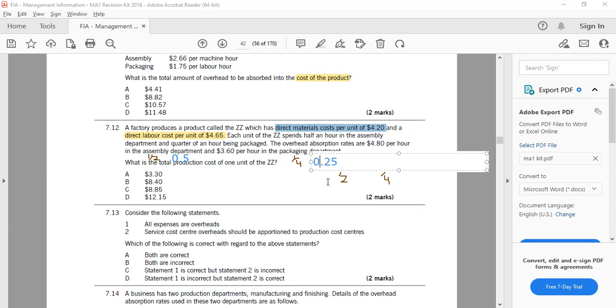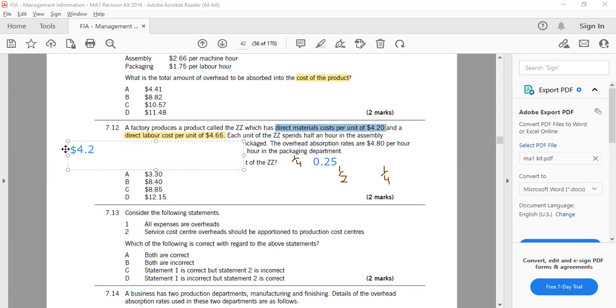Do you understand or not? What you are supposed to do is that for the total cost, you will write 4.20 here. See, 4.2, and then the direct labor cost. And then, let me write here.